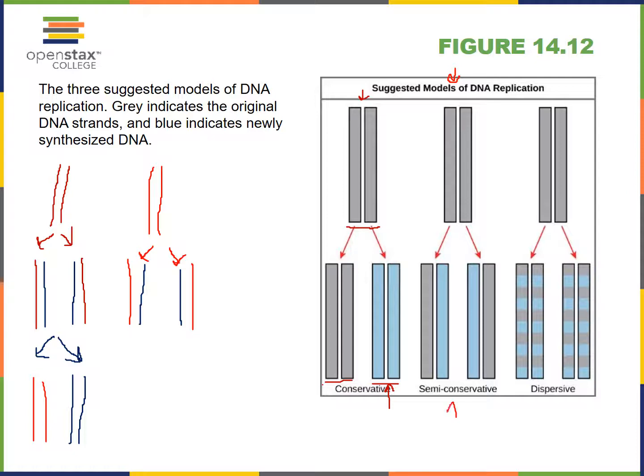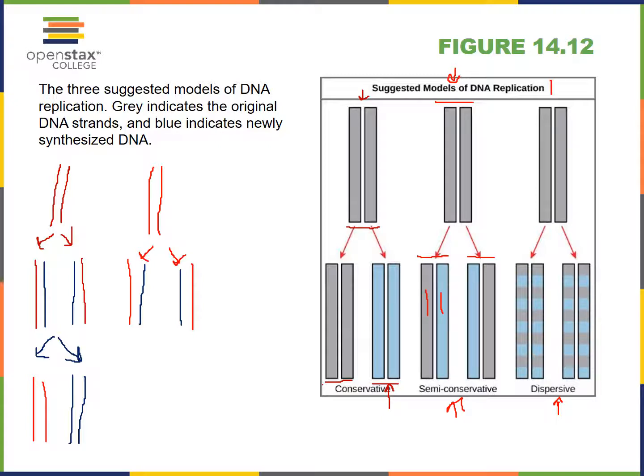So that's the semi-conservative model. In the semi-conservative model, from one parental molecule, you make two daughter molecules, where one strand is old or parental, and one half is new.